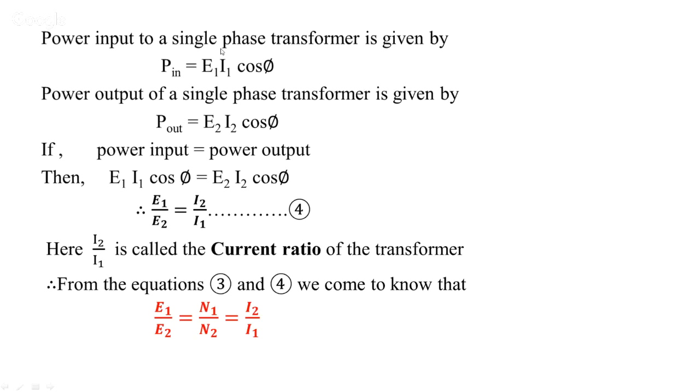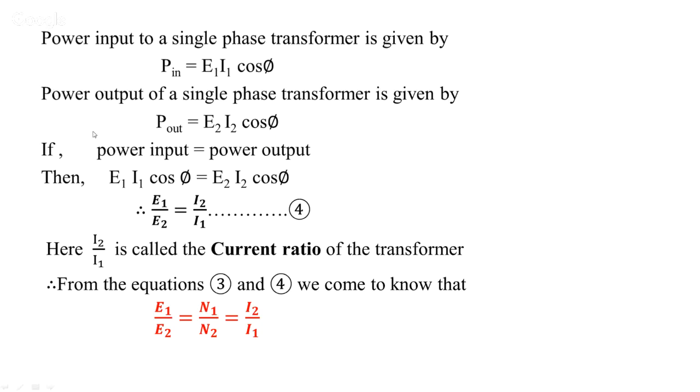We know that the power in a single phase transformer, P in, that is on the input side, is given by E1 I1 cos φ. Similarly on the output we get P out = E2 I2 cos φ. Now the power is the same, because we have just now studied that power is transferred from primary to secondary at the same frequency.